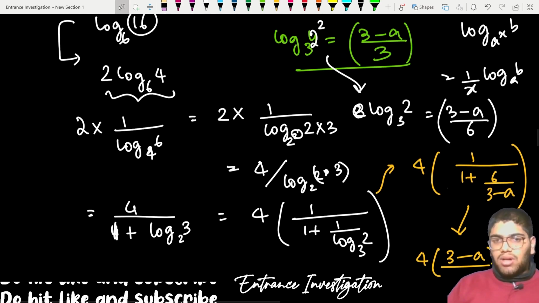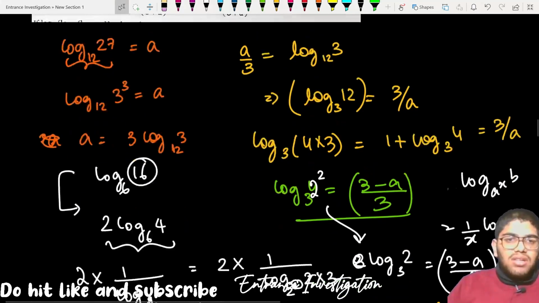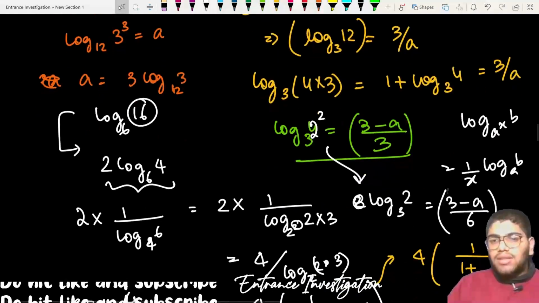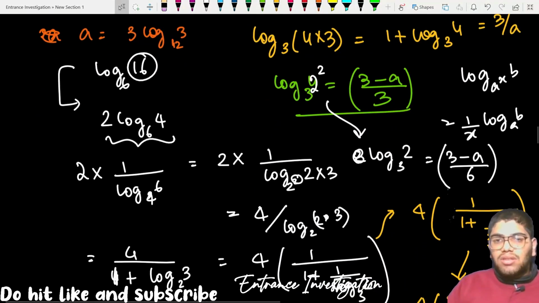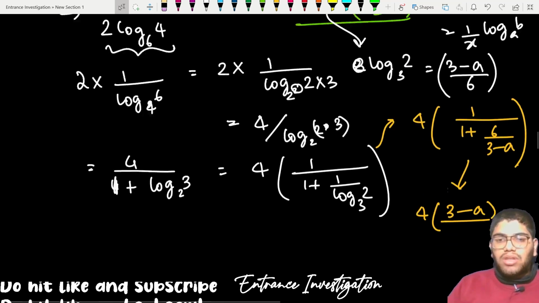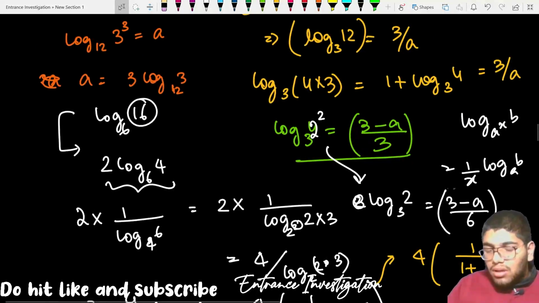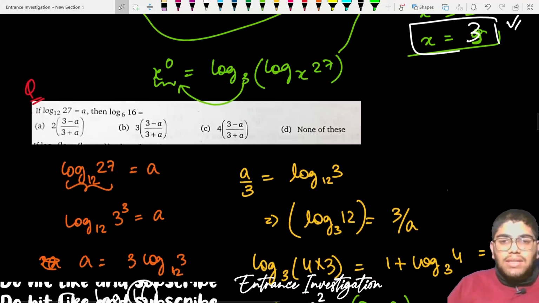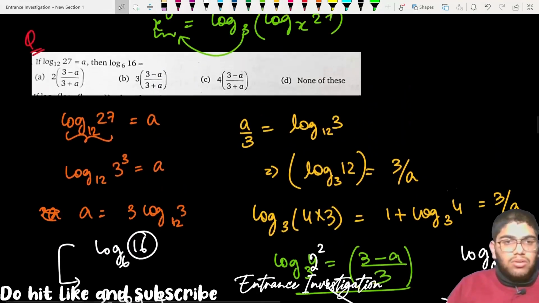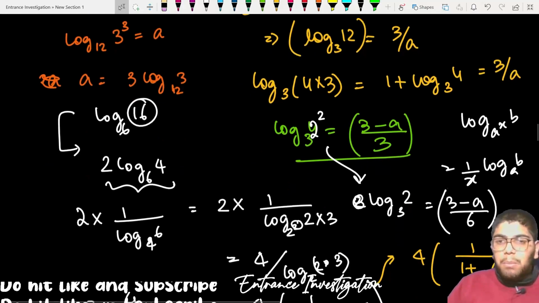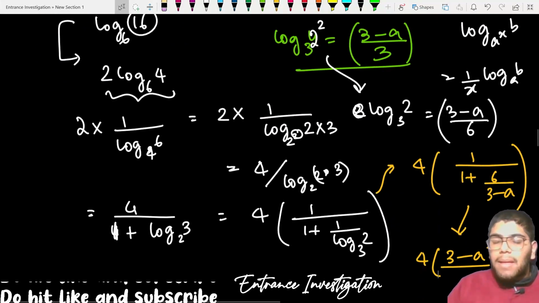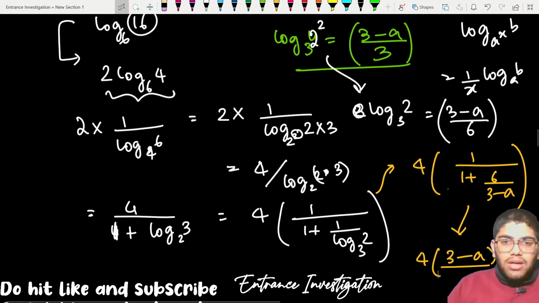यहाँ पर प्लस 6 क्यों आ रहा है? कुछ मिस्टेक कर दी है क्या हमने? देखना पड़ेगा ध्यान से. This is 3 minus a, this is 2, यहाँ तक तो सब सही है. 2 times 3, 1 over x, ये सब तो सही चला है, अभी तक तो सही है. कैलकुलेशन एरर हुआ हो तो बता दीजिएगा.